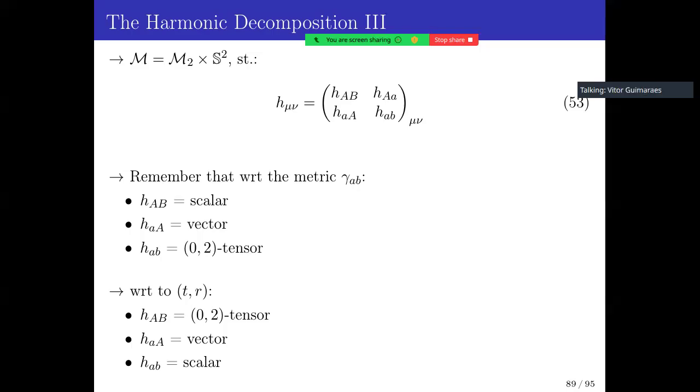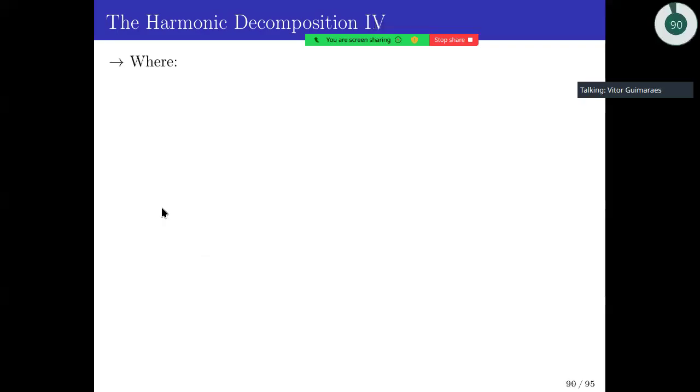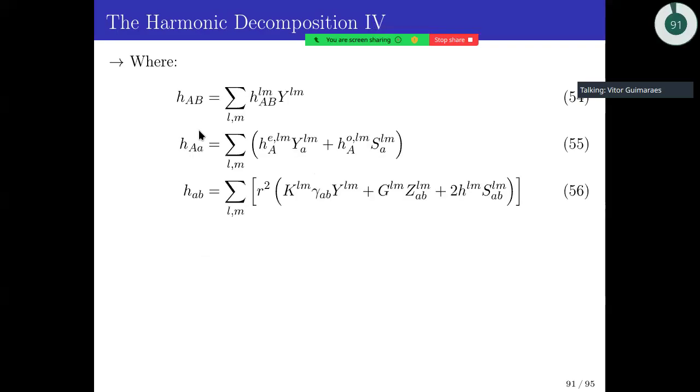No? Okay, so let's proceed and see how these guys are going to be decomposed in terms of our tensor spherical harmonics, okay? So finally, we see how these guys look. So H_AB, capital letters, can be decomposed as this, okay? So we have a number of functions of T and R here in this H_lm. So for every value of l and m, we have a function H_AB here, right? And this is the basis, right?